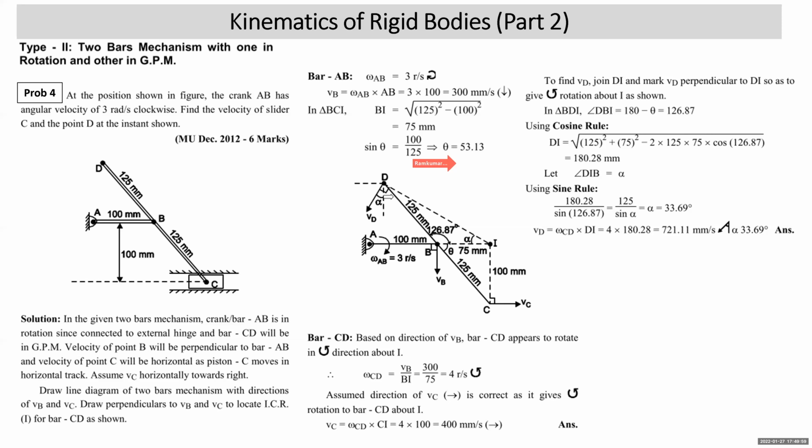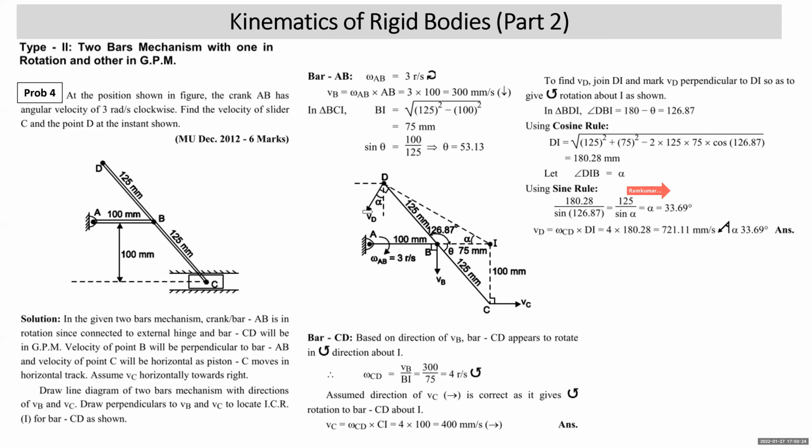DI upon sine 126.87 is equal to 125 upon sine alpha. So that gets you alpha. Now velocity of point D is omega CD into DI. Omega CD is 4. DI distance we got is 180.28. That comes to 721.11.